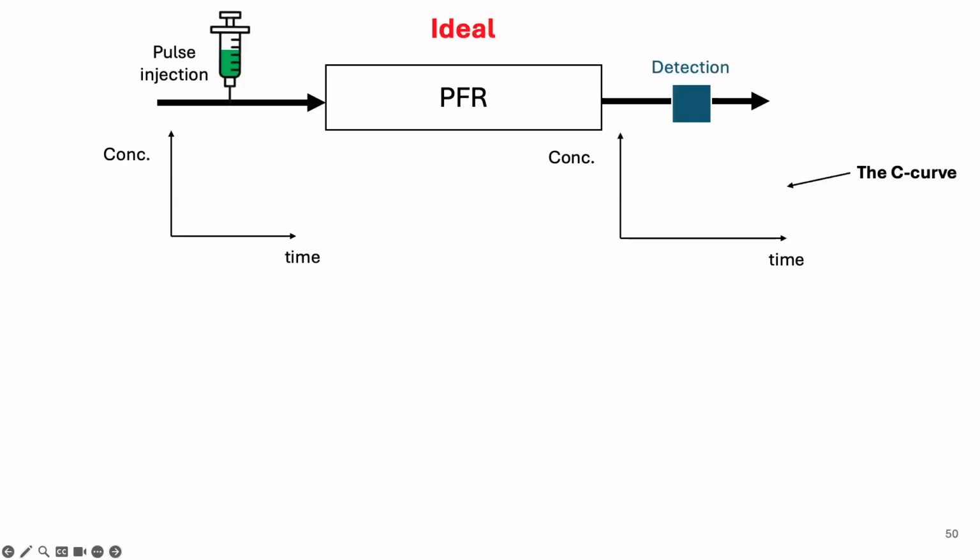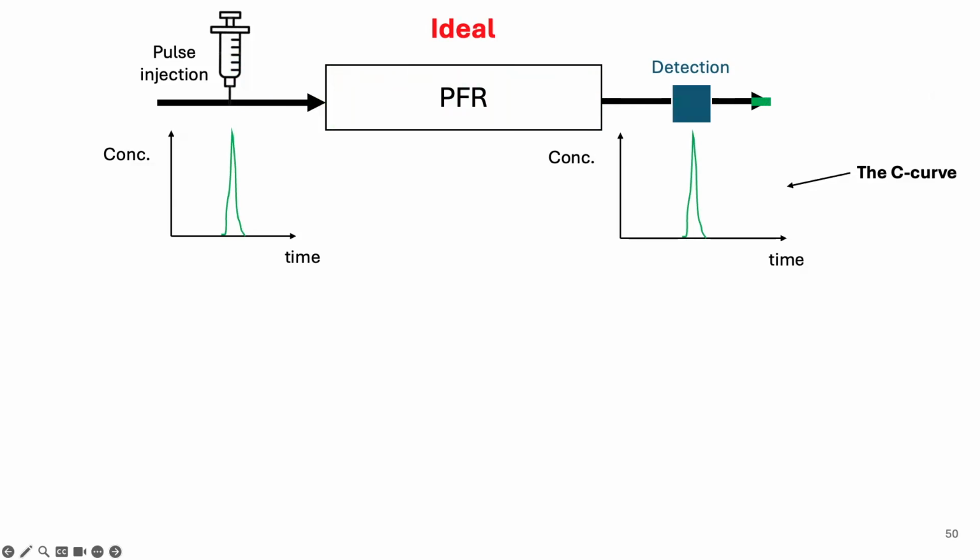In an ideal PFR, if we have a pulse or spike injection, and all molecules are spending the exact same amount of time in the reactor, then we should see a spike also appearing at the outlet, more or less exactly representing what we introduced.